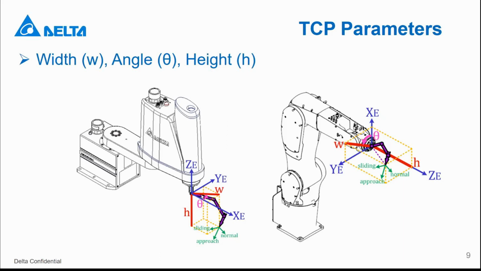The width is the width from the end effector to the TCP here. And the angle is from the X direction to the width, so it's a theta here. For the 6X basically it is the same. So we use these three parameters to define the tooltip.